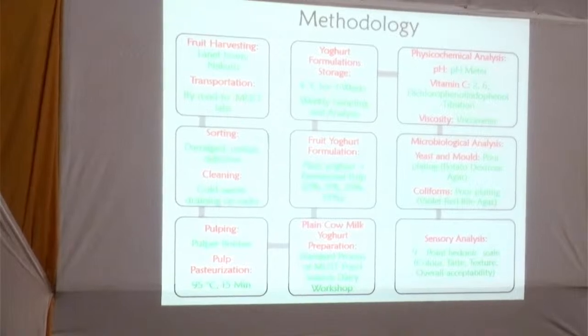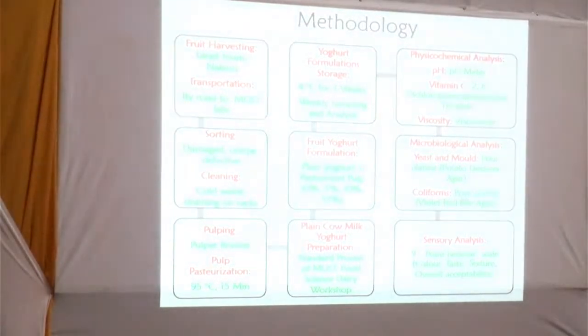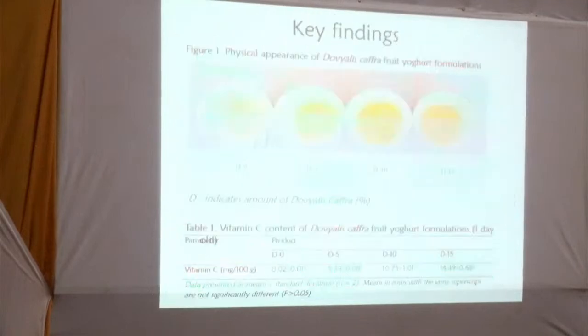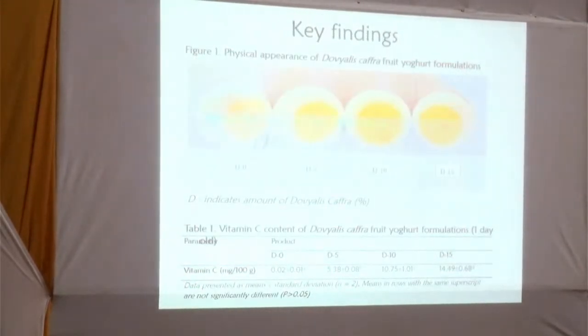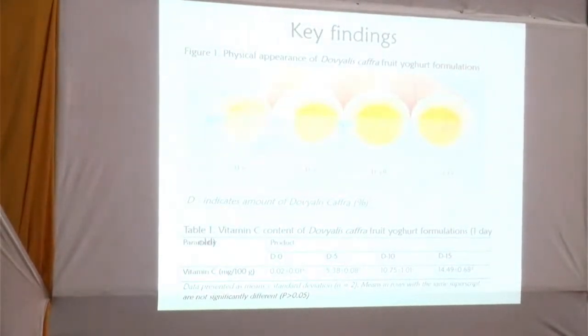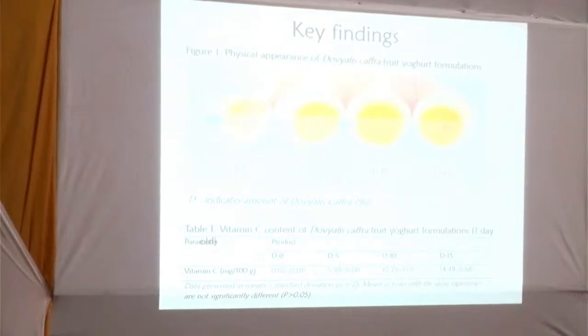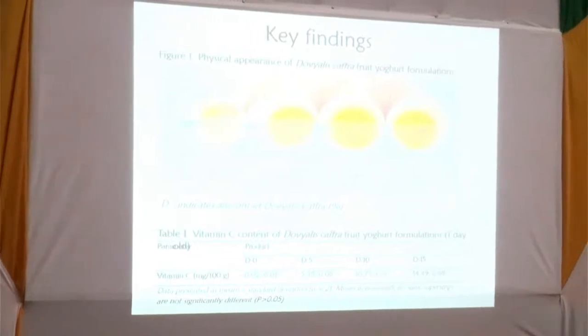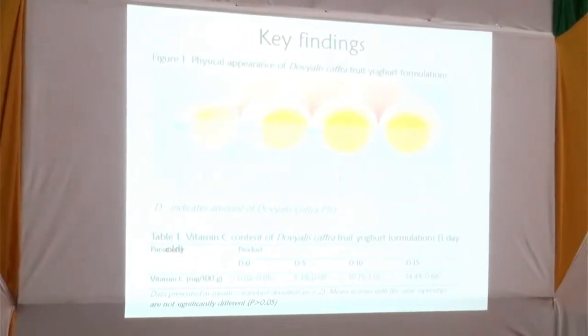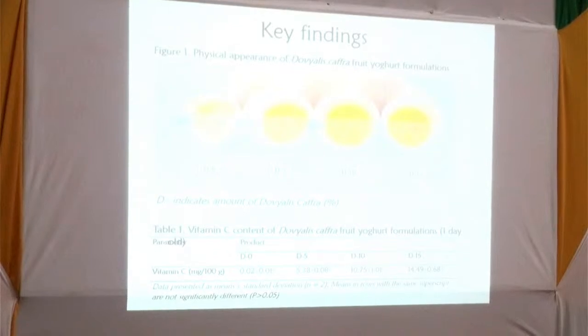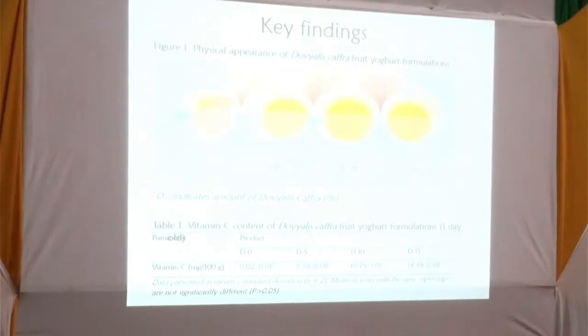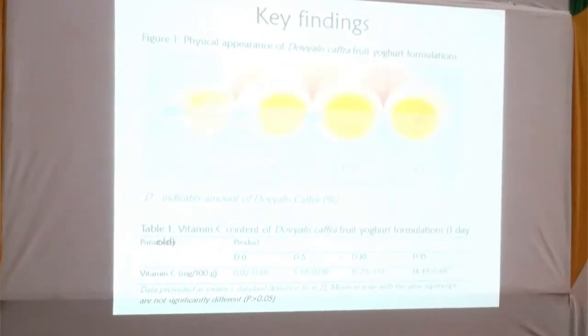Sensory evaluation was also done, and microbial analysis was carried out. That's the physical appearance of the yogurt containing Dovialis cafra. It's yellowish because the fruit is also yellowish in color. D0 to D15 indicates the percentage of Dovialis cafra: 0 is 0%, 15 is 15%.